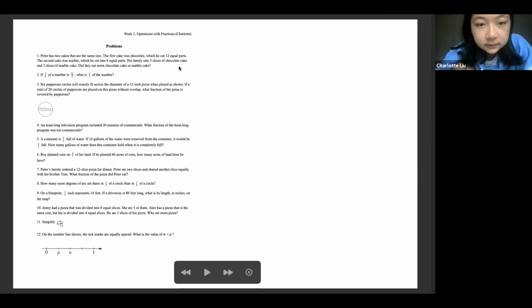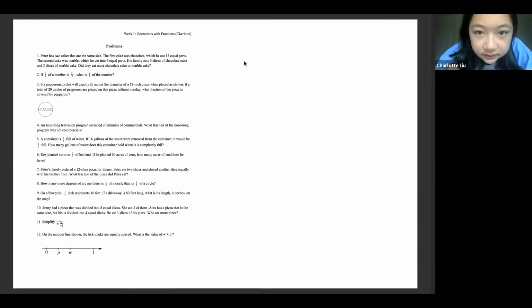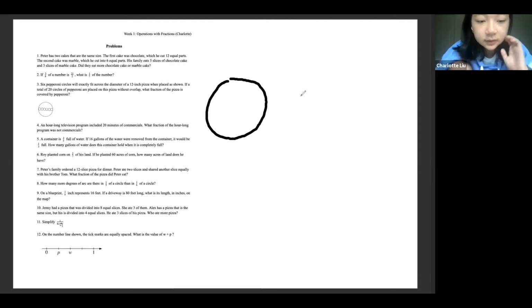So a lot of you guys have questions about what an arc is, so let me just quickly explain. An arc would be a section of the circle. So for example, this would be an arc.